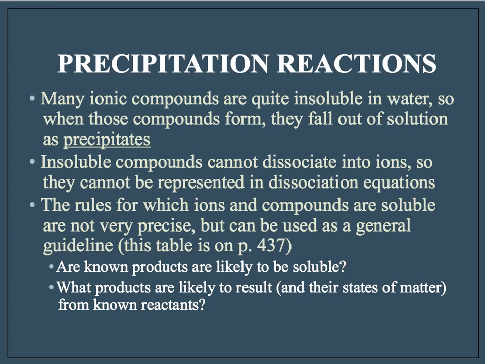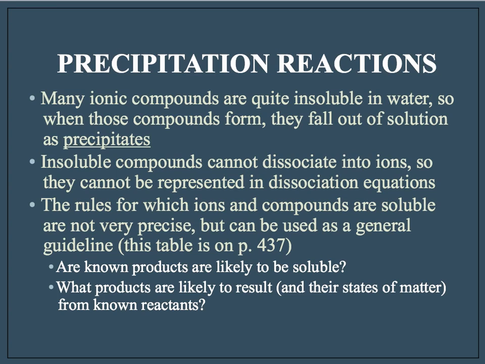So ionic compounds, while they are all made of a metal and a nonmetal, and they all have positive and negative particles, there are quite a few ionic compounds that are not soluble in water. So when they form from a chemical reaction, their density causes them to fall to the bottom of the solution. They're more dense than the water in which the reaction is taking place, and so you see them as a precipitate.